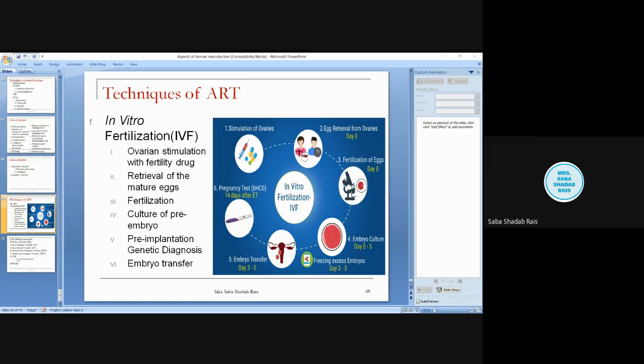Now see, when 2 pronuclei are observed the next day, this particular pre-embryo is cultured. They are allowed to divide and grow to about the 2 to 8 cell stage in the culture medium, and then the embryo, which contains approximately 6 to 8 cells, after the third day forms a fluid filled cavity at the 5th day, and after some time placenta and fetal tissue all begin to separate.